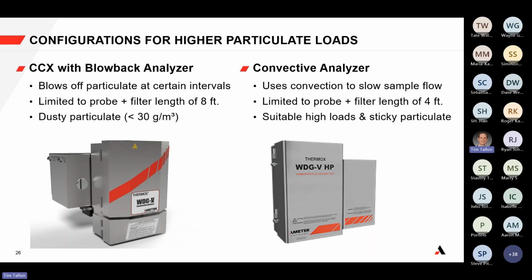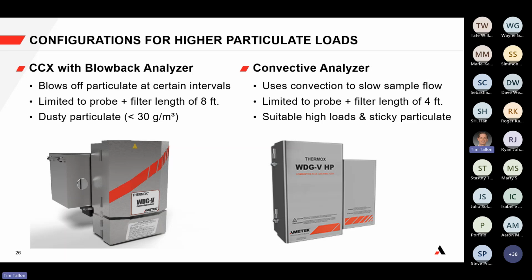And really for the blowback, because you're putting high pressure air through the probe and filter, that really works for dusty particulate that can be just puffed off. And we've seen it can work pretty well in applications with less than 30 grams per meter cubed of particulate loading.